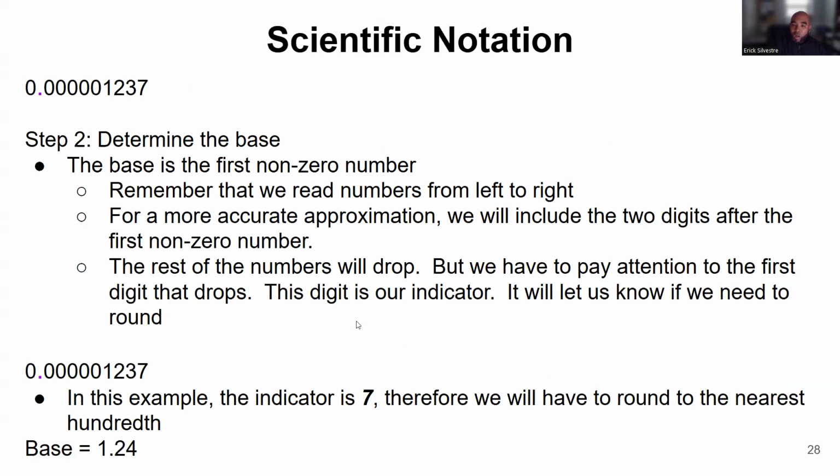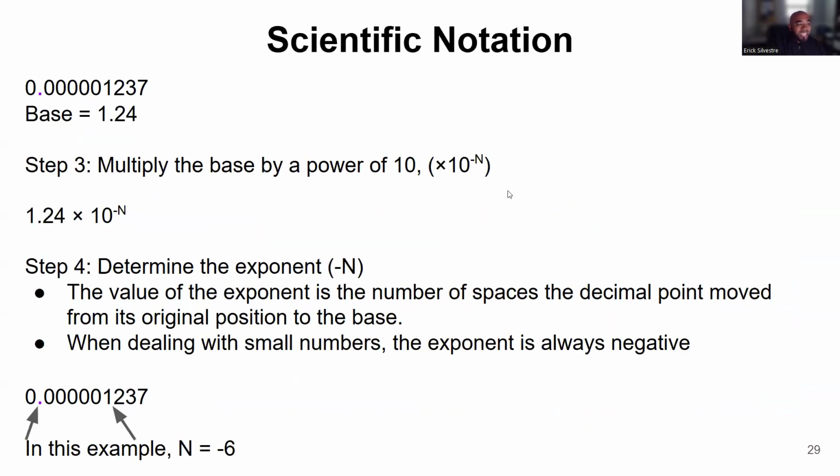So that was our step number 1 and our step number 2. Step number 3 is you multiply by a power of 10. Since we are dealing with a small number, a lot of people forget to put the negative sign. Small numbers start with a negative exponent. So the first thing you do, before you even count the number of spaces the decimal moves, put the negative in front of your exponent so you don't forget to put it later.